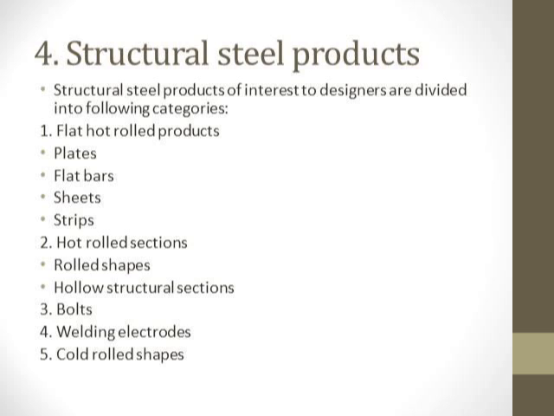So here I have just listed some of the steel products which are of interest to the designer, categorized into the following: flat hot rolled products. The plates, flat bars, sheets, and strips are the hot rolled products, and hot rolled sections are the rolled shapes and hollow structural sections.